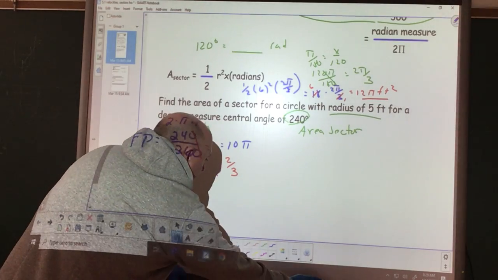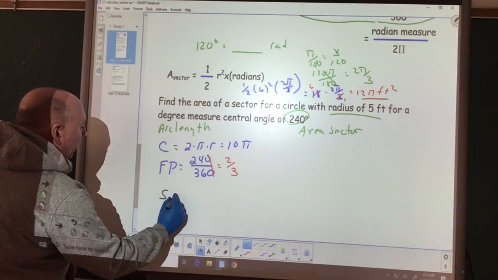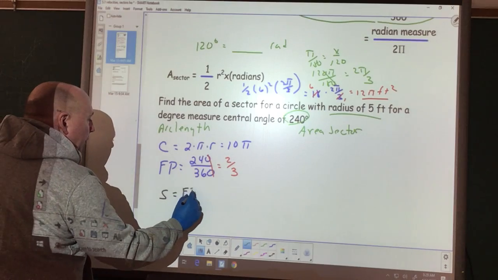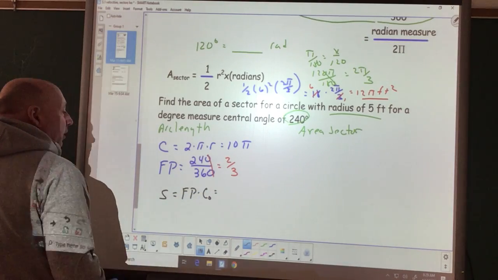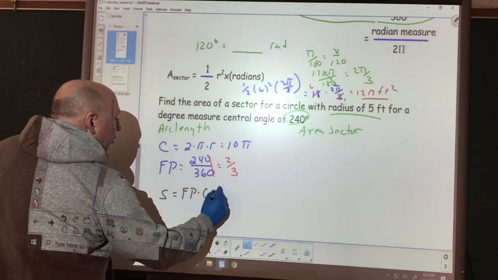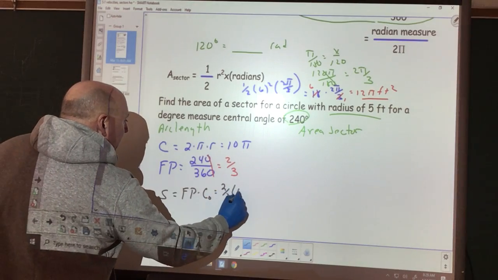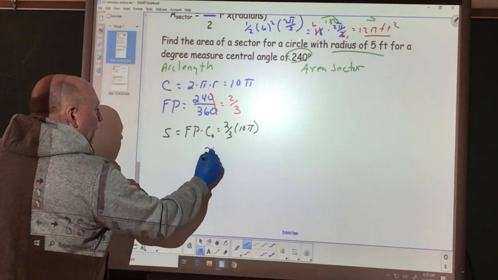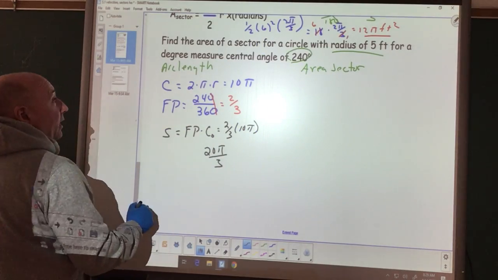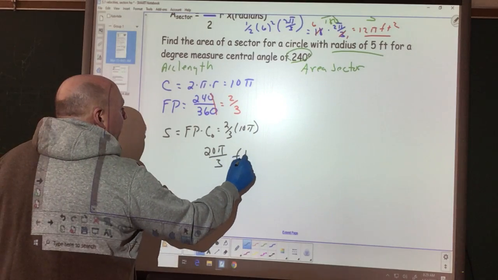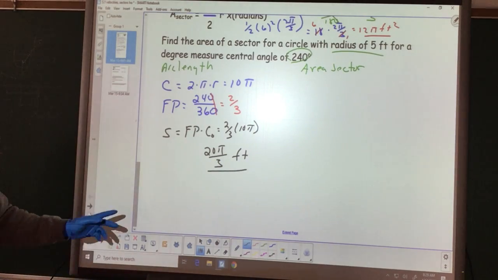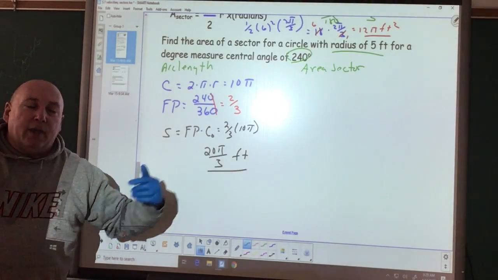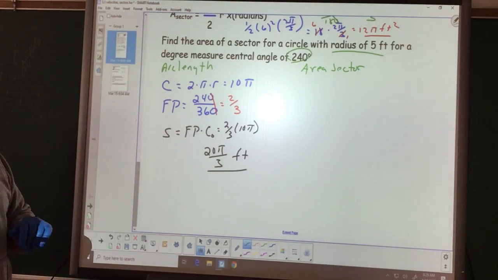So the arc length S is going to equal my fractional part times the circumference of the circle. So we have 2/3 times 10 pi, or 20 pi over 3, and we're talking about feet. Now, if you want to change this to a radian measure and go that route too, that would be fine.